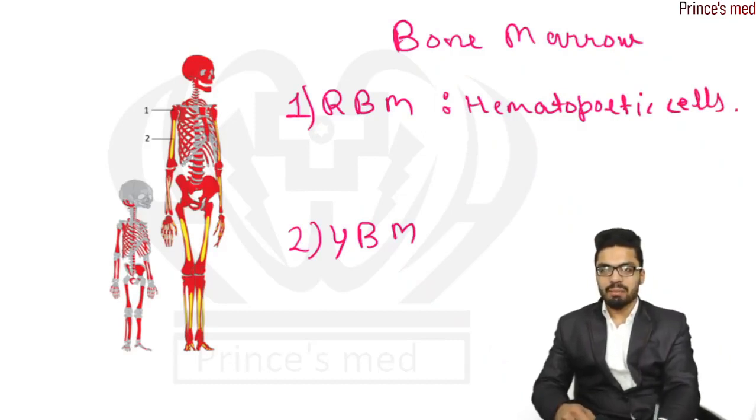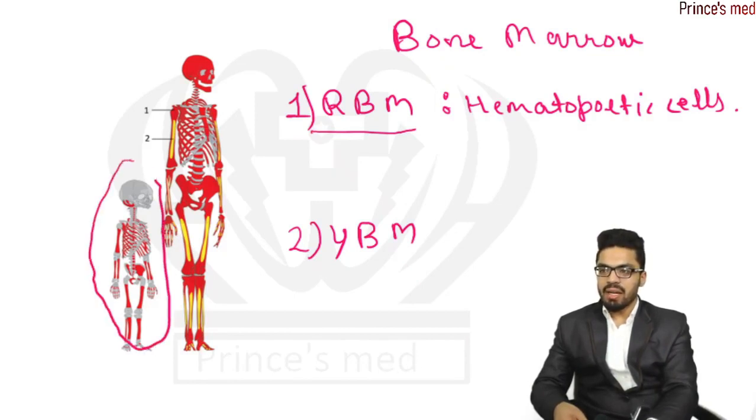From birth until adulthood hematopoiesis occurs in the red bone marrow, and red bone marrow after birth in the child is present in the diaphysis region of our long bones.